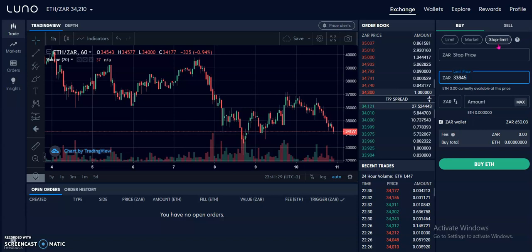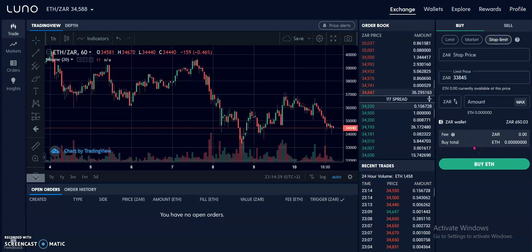So by using a limit order, we've set our limit price at 33,845 Rand. So basically, when the price hits that amount, our trade will activate and buy.